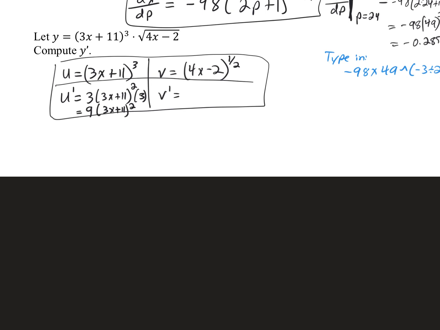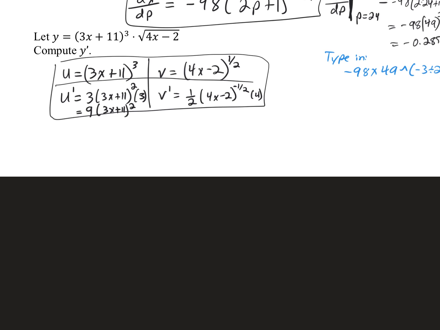For v prime, we take the derivative of the outside, that's 1/2 times (4x - 2), and then we raise it to the exponent of -1/2. Now, you have to tack on the derivative of the inside. The derivative of the inside is 4, so we're going to tack on a 4 to the end. And we do want to simplify this as well.